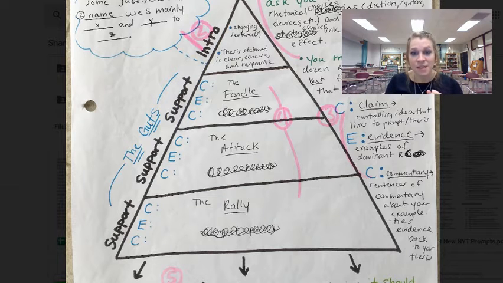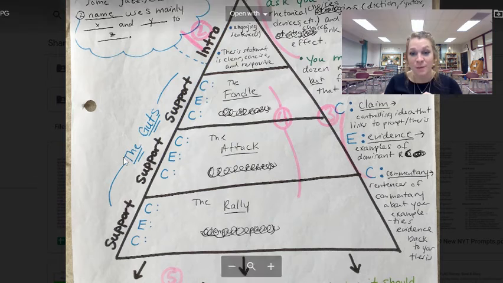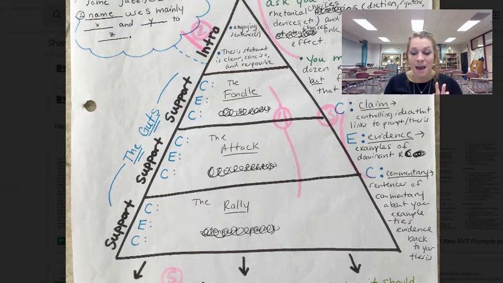So then you're going to go into the attack. So this attack paragraph is where you introduce your second choice. You put your claim at the beginning here, that controlling idea, and then you're going to start building on this second paragraph, the attack. It's called the attack because you're really starting to get at it now.